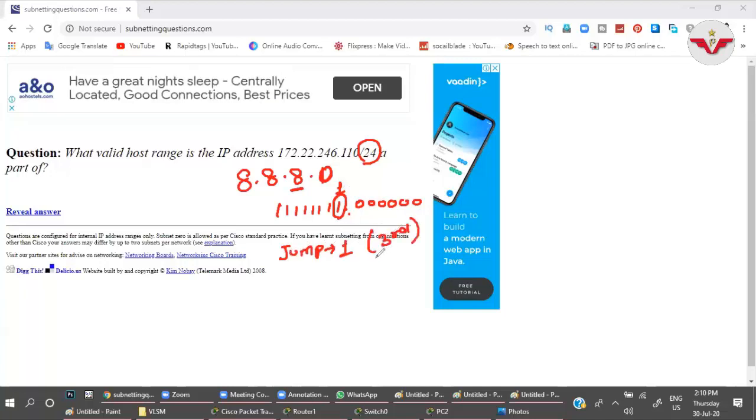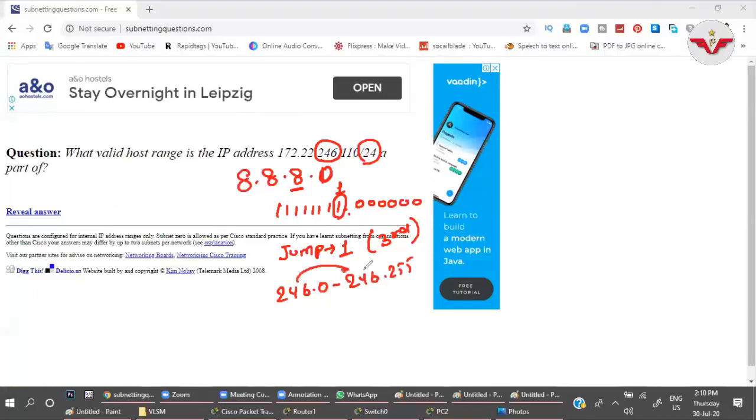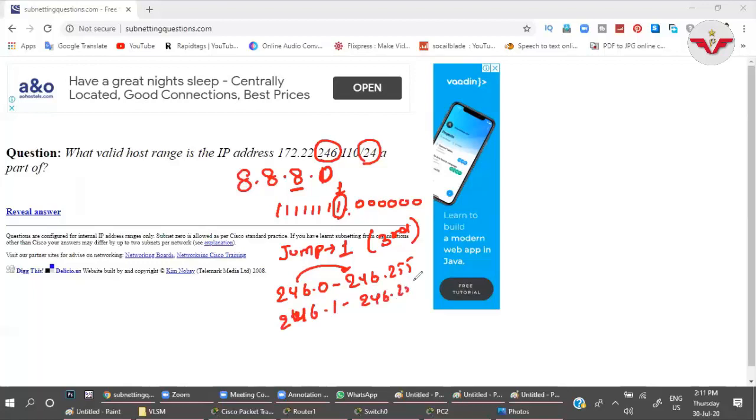Third octet, right? So in the third octet we have value 246. So with a jump of 1, you will get the network of 246.0 to 246.255. So this is the network range. The valid host range would be 246.1 to 246.254. Done, guys?